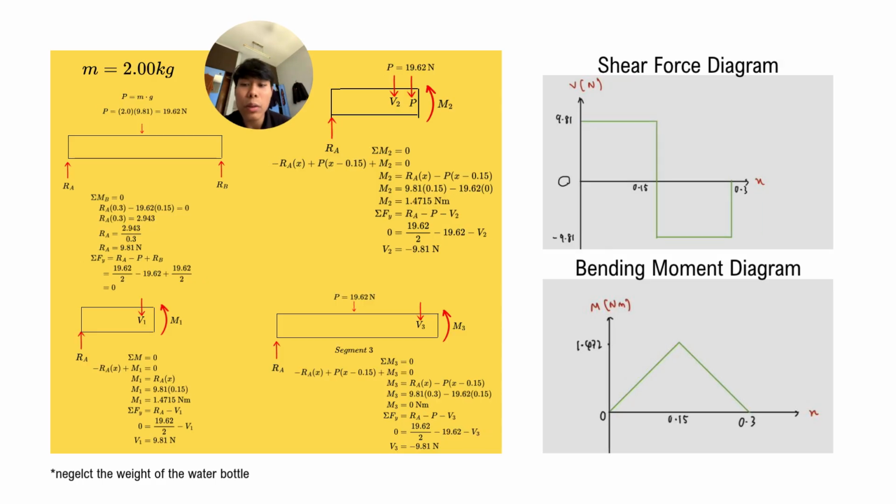And lastly, for the mass equal to 2 kilogram, we got V1, V2, V3 equal to 9.81 newton. And for moment 1, moment 2, moment 3, we get 1.4715 newton meter. We use the same method to calculate it, which is we cut into 3 sections. And for the shear force diagram and bending moment diagram, we draw based on the values we got earlier.